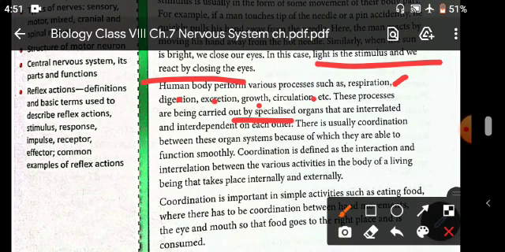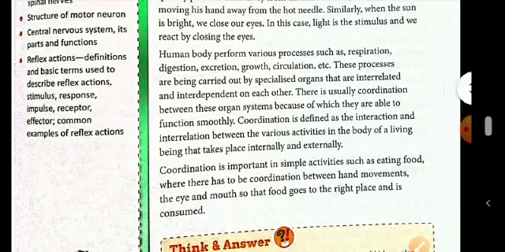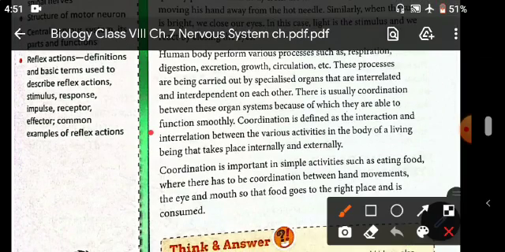There is usually coordination between these organ systems, because of which they are able to function smoothly. That means all the organs are interrelated with each other.